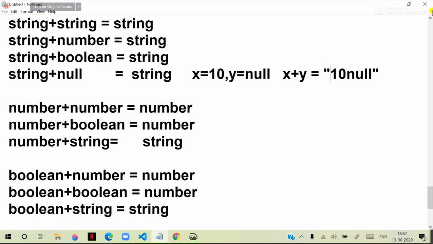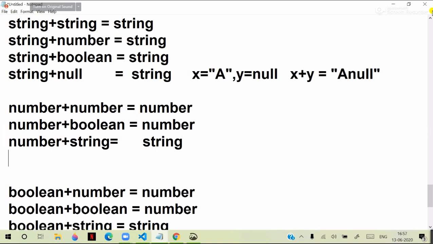It returns a string if anything is defined as a string. Suppose x is a string type, then it will take a string first, we will see a, and then here we define null. If it is a number, let's see what will happen.